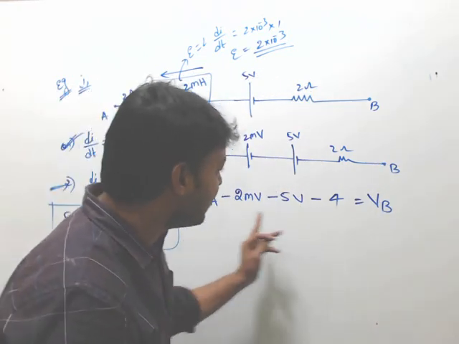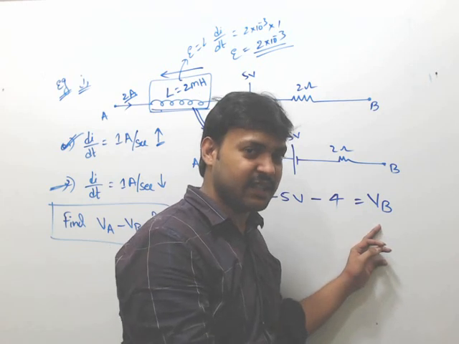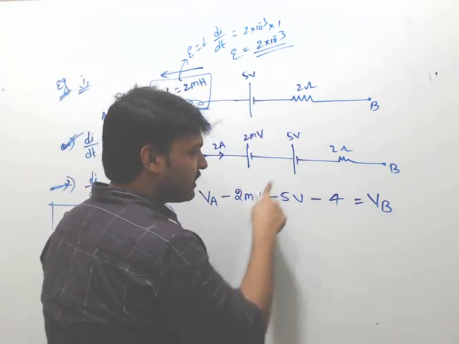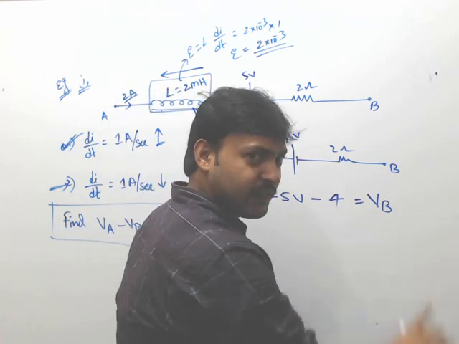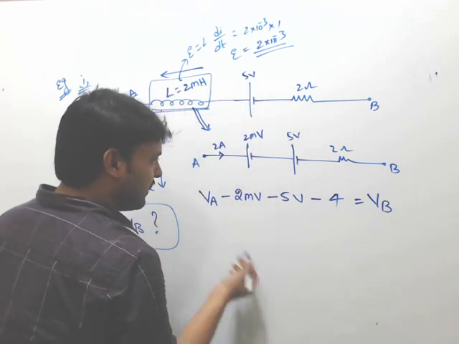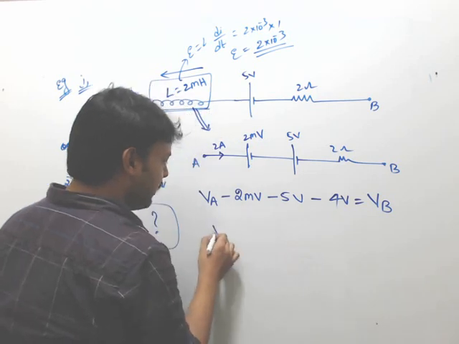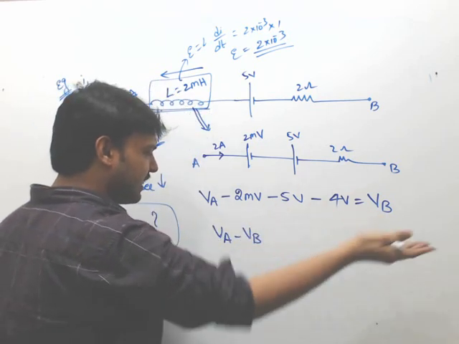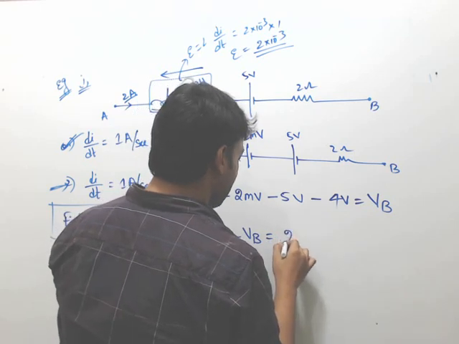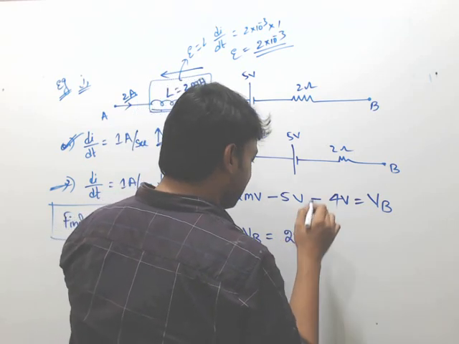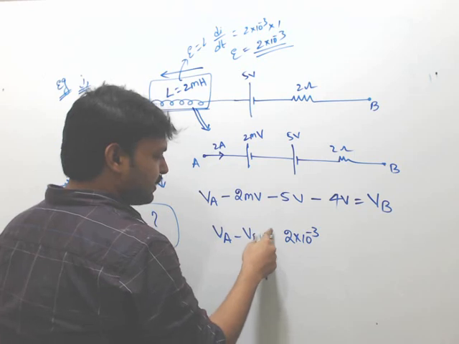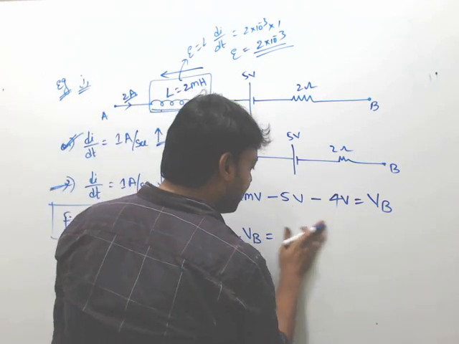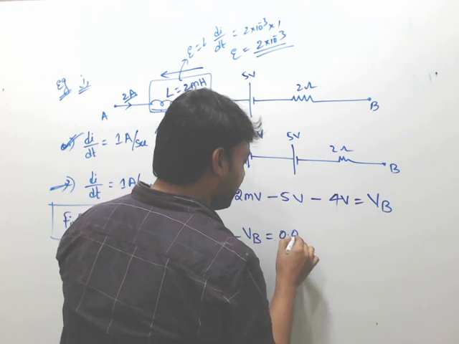Okay. If you didn't understand this, please revise current electricity concepts and come back, you can understand. Alright. So VA minus 2 millivolts, minus 5 volts, minus 4, which equals VB. Now what can I write? This is also in volts only, right? So VA minus VB I asked to calculate. Everything is minus, so it goes to that side. So it is 2 into 10 to the power minus 3, which is 0.002.